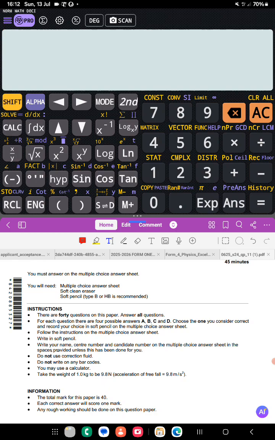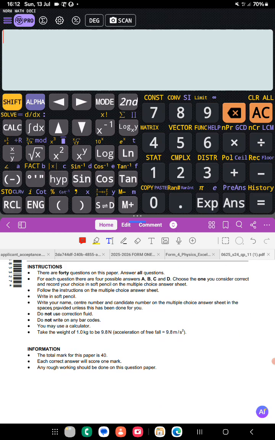Suppose you answer 30 questions and get all of them right, then you have a 75% pass. That's quite indicative. It indicates that you've done a good job there.